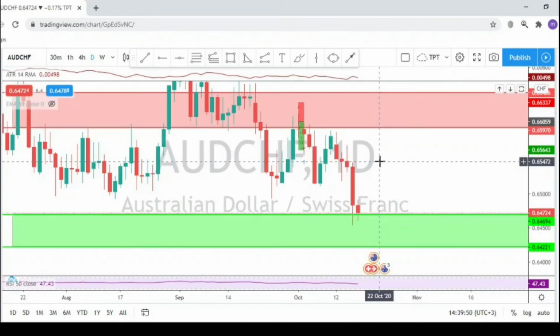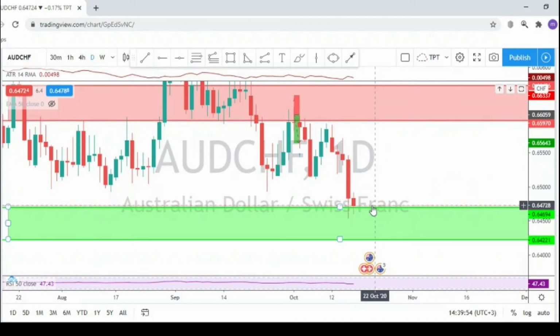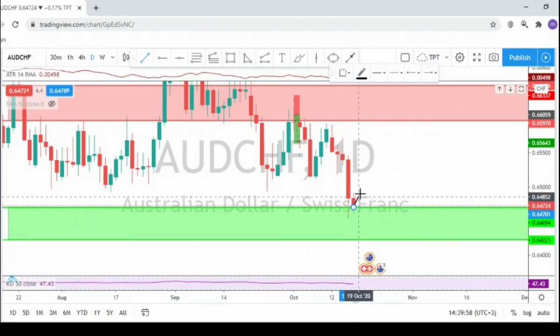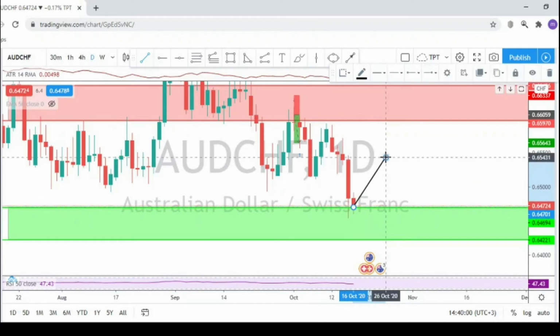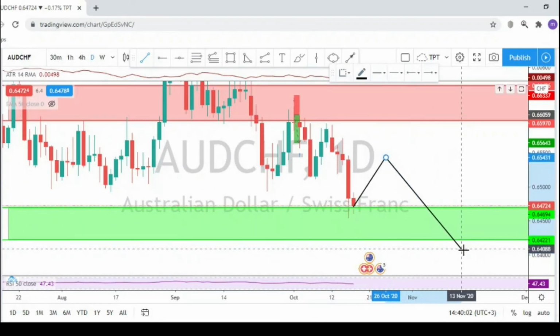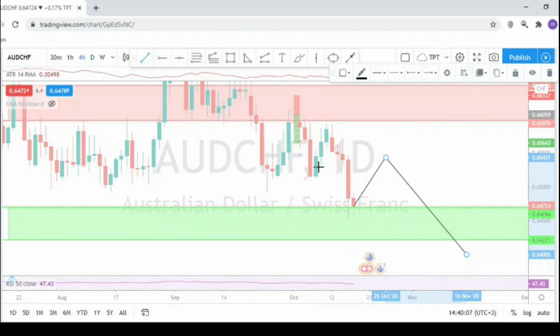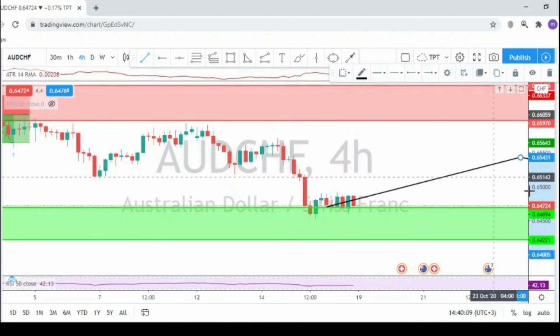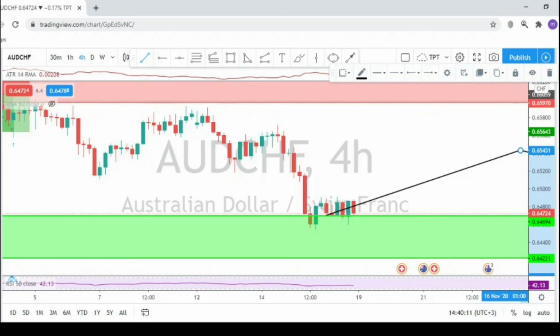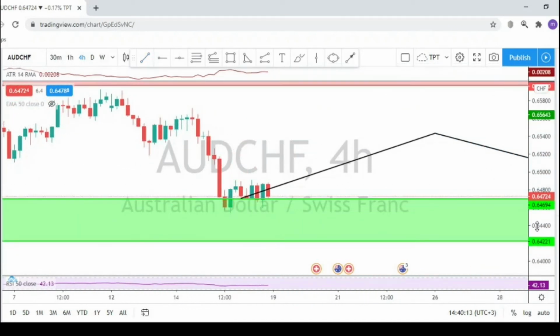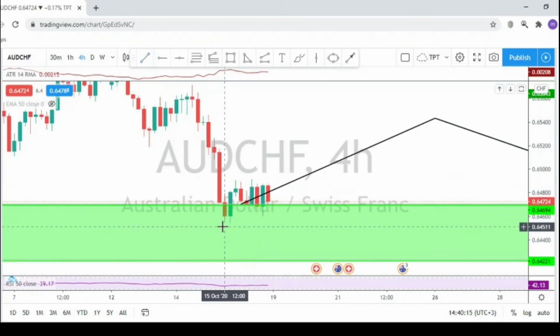So what I am waiting for on this currency pair now is just a small rally up before this market continues to the downside, and this I will do by going to a lower time frame and look for a reason of buying this trade.